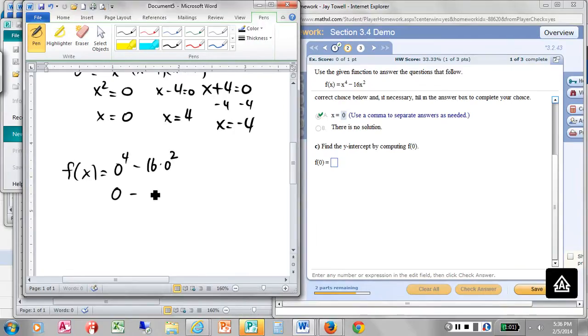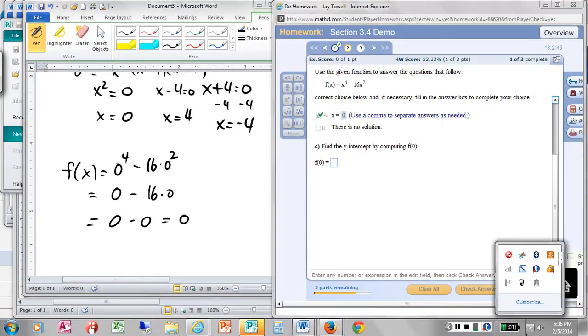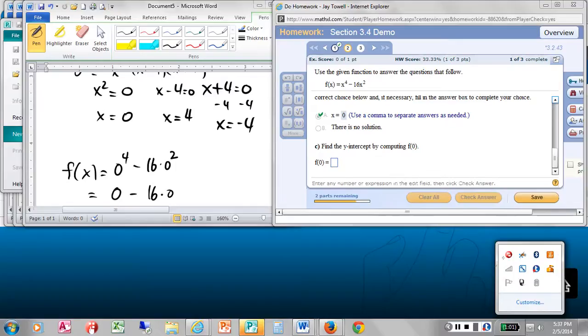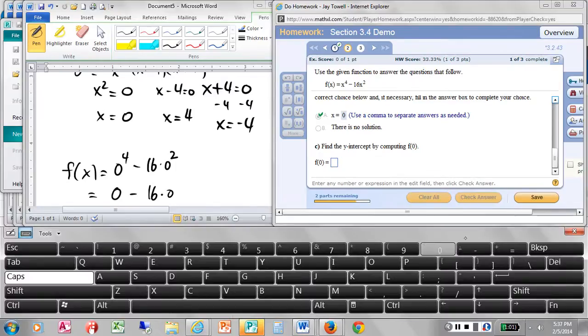Well, that's 0 minus 16 times 0, which of course is 0 minus 0, which is 0. Okay, so the y-intercept would be 0. Check it.